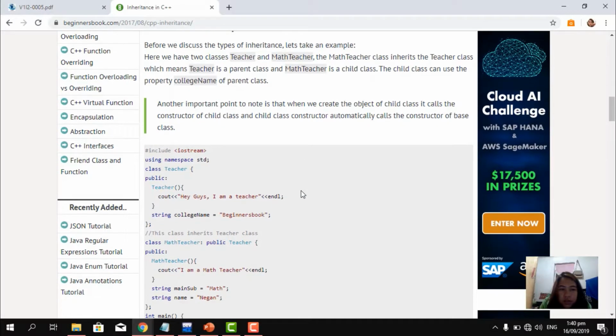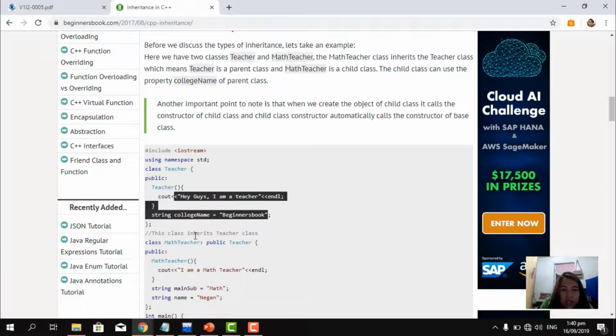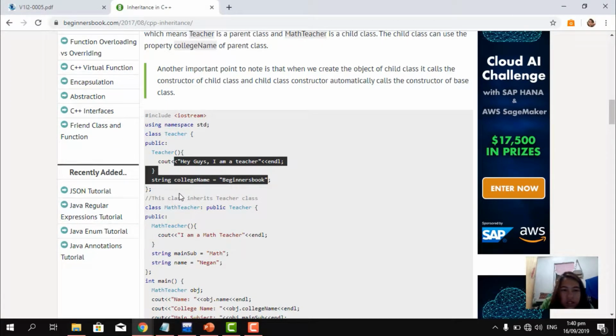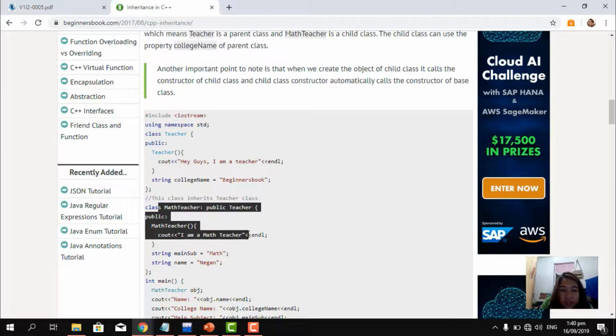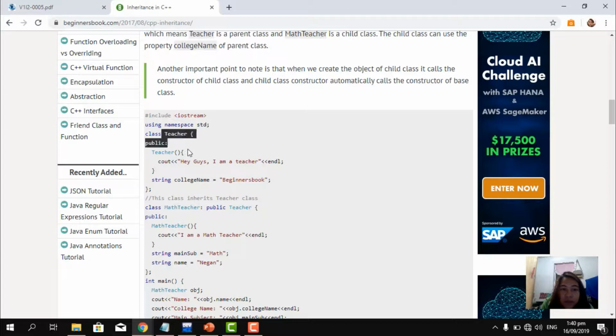So this is the class teacher, the base class. This class inherits the teacher class. This class is inherited from this teacher.